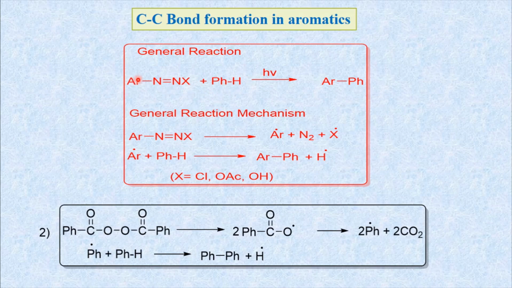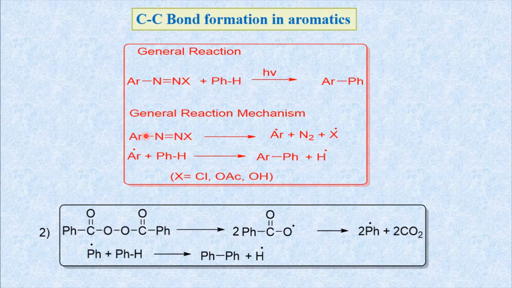This is your diazonium salt, ArN2X. This diazonium salt reacts with this aromatic solvent in presence of hν. You will get the annihilation of aromatic ring, and its general reaction mechanism is this.